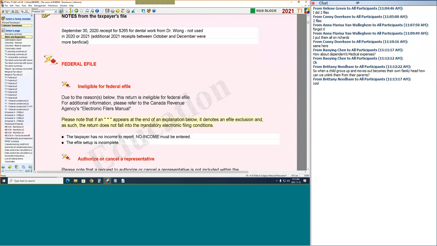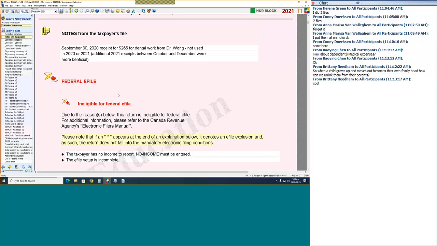All right, so just a quick reminder, always check your notes and diagnostics. What you might do if you're doing Catherine's and you have a wasted receipt is you might make a carry forward note and say you have a receipt that you didn't use and why you didn't use it. So not 100% necessary. You're not going to get marked on having that note, but it's going to make your life easier as someone who works in what we call the off season, someone who works in the summers and the falls.